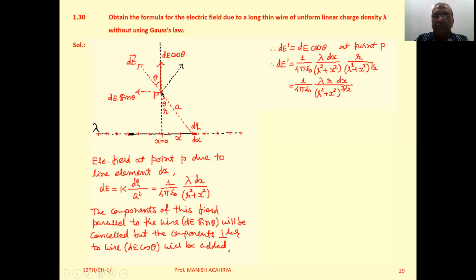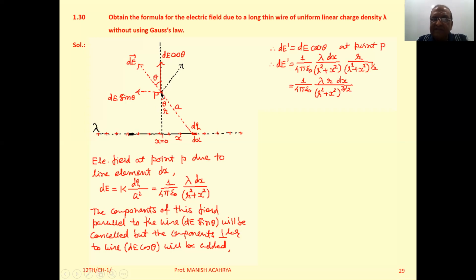Now if we take two components for this electric field, then one dE cos theta will be in y direction, in the direction of this particular component of the first electric field.